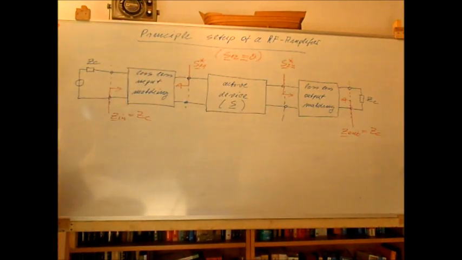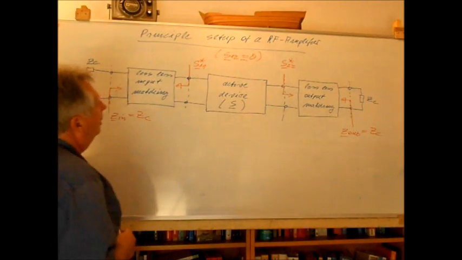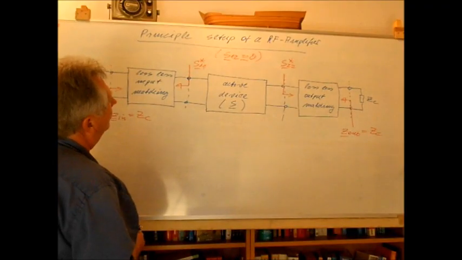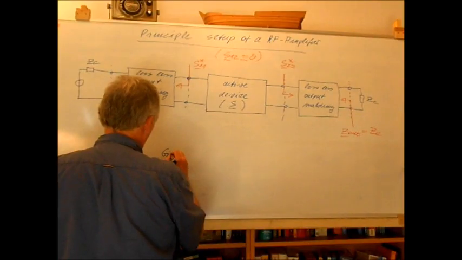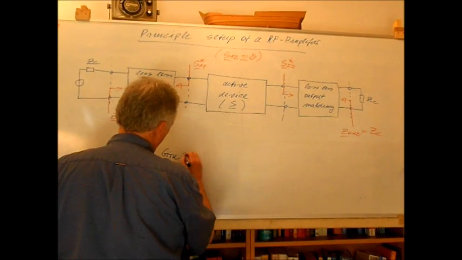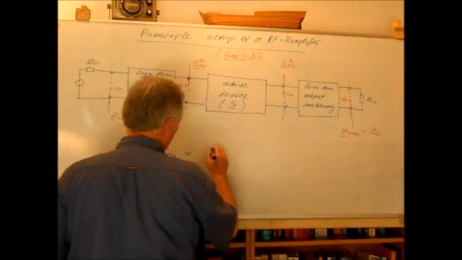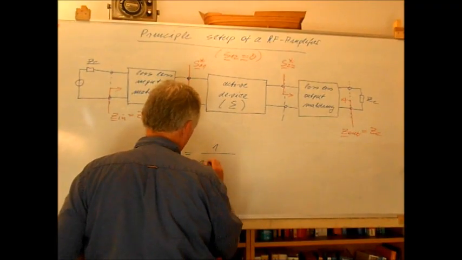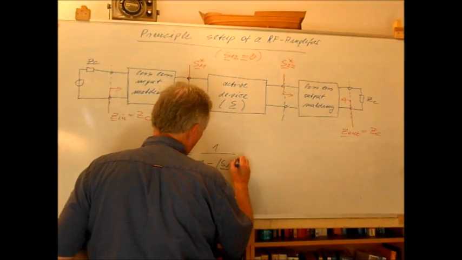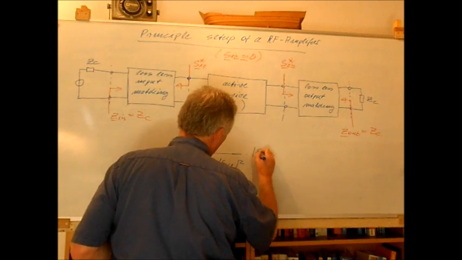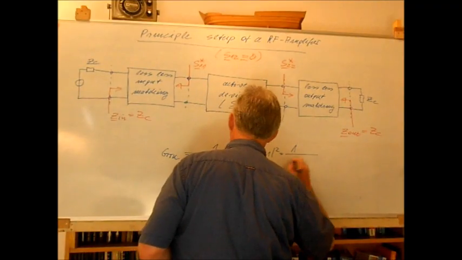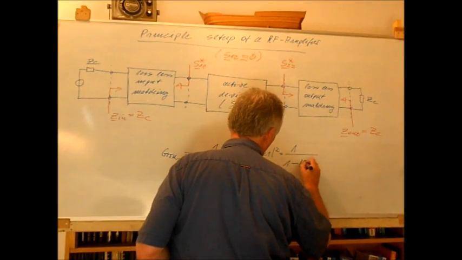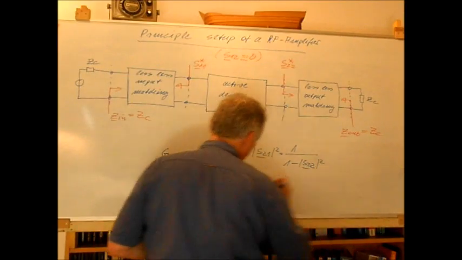And if we assume now that our transistor is a unilateral device, then we get for the overall transducer power gain, the so-called unilateral transducer power gain, which is 1 minus |Γ1| absolute value squared times |S21| absolute value squared times 1 over 1 minus |S22| absolute value squared.